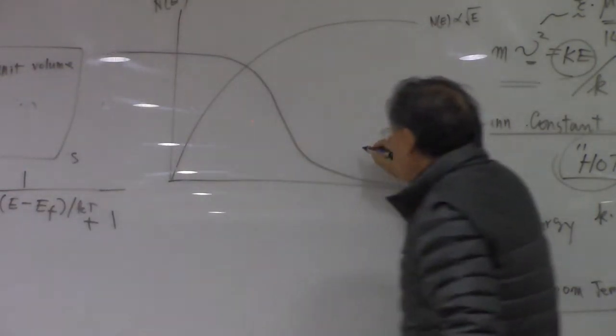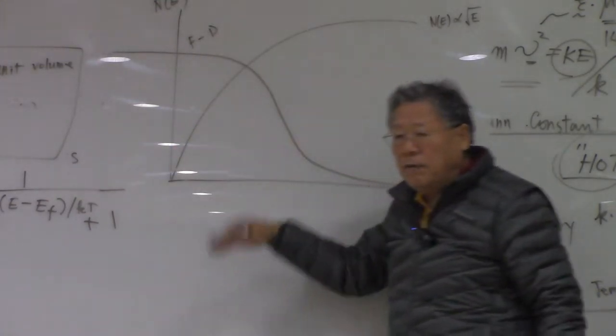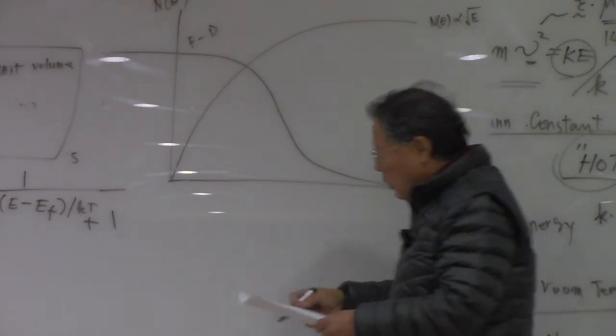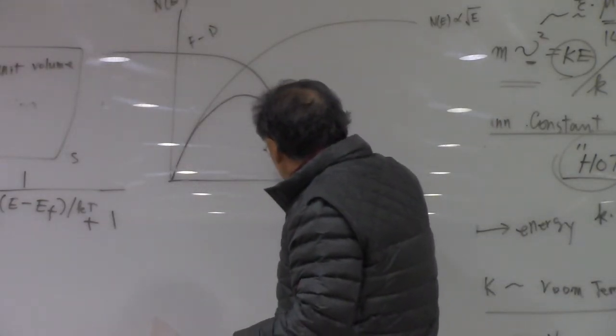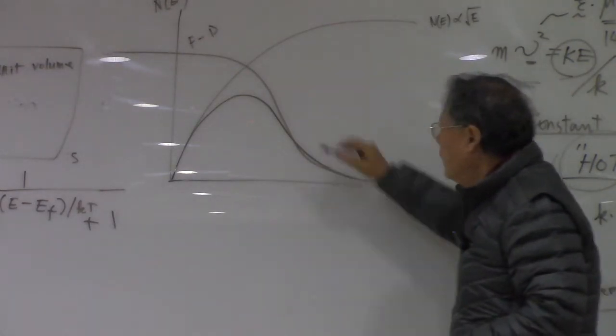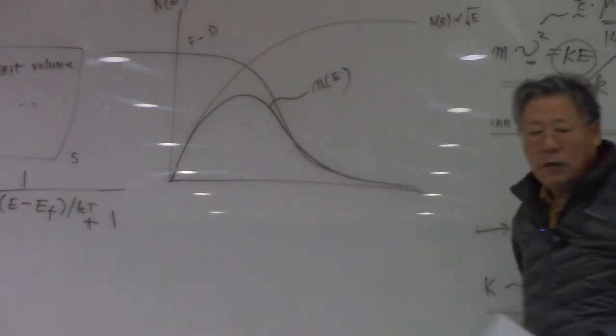That is the Fermi-Dirac statistics. If you multiply these two, you end up with something like this. That is what N sub E is going to be.